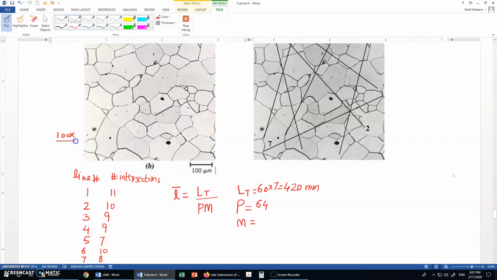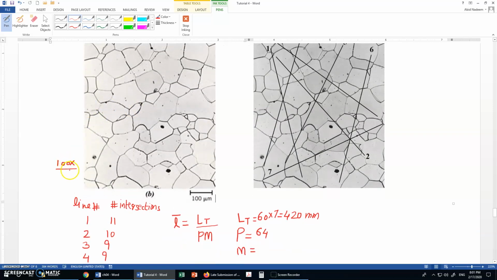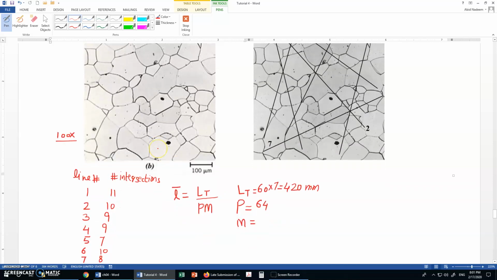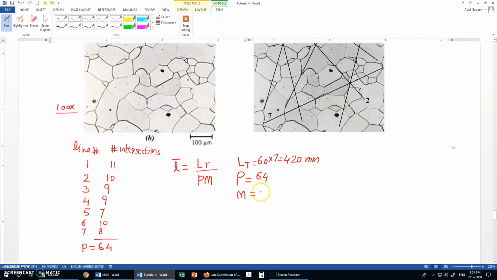Magnification can also be found by measuring the scale bar. Anyway, the magnification is 100x, so we will put 100. Now you put all these values in to find L bar, the mean intercept length, which is the measure of the grain size.